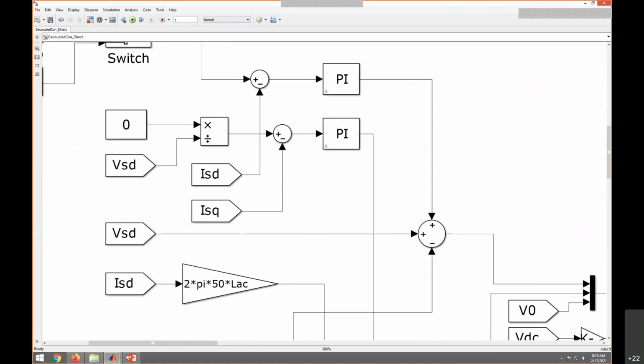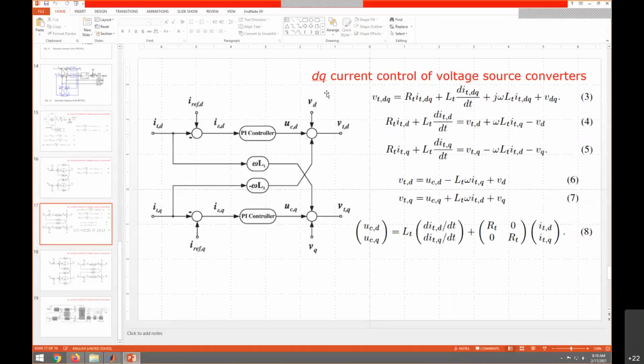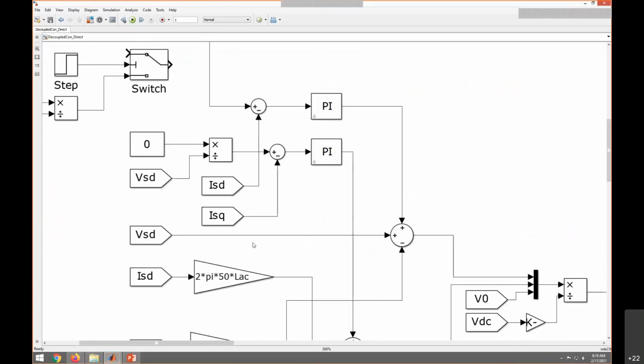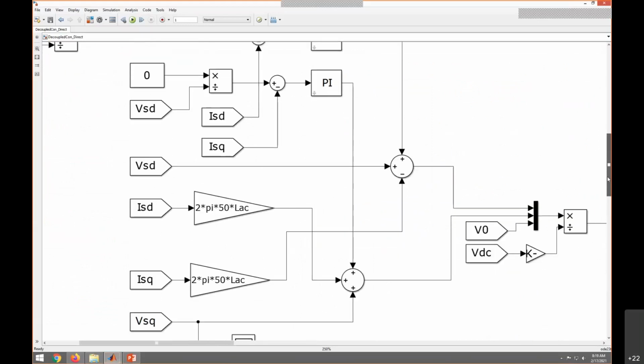From this VSD we subtract the decoupling term, minus omega LS into ISQ, where omega is 2 pi into 50.